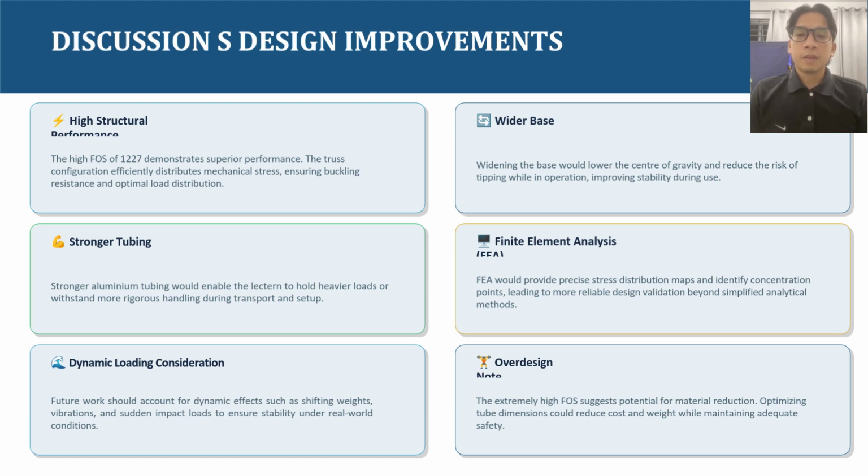To improve practical functionality, we propose a few key upgrades: widening the base to lower the center of gravity and prevent tipping, utilizing finite element analysis, known as FEA, to generate precise stress distribution maps, and accounting for dynamic loading conditions like shifting weight or sudden impact to better reflect real-world event environments.